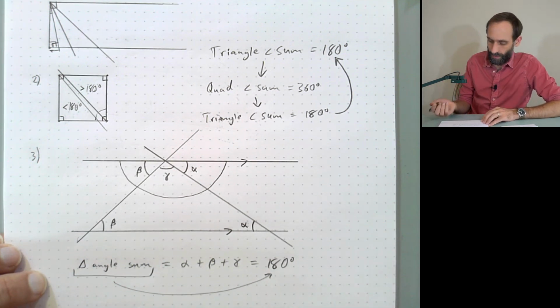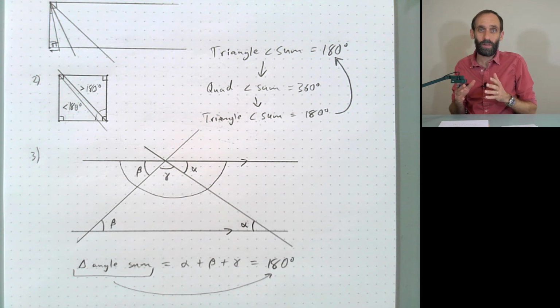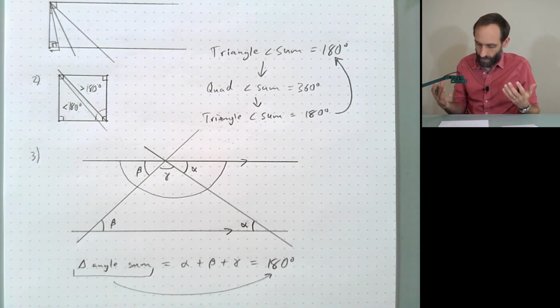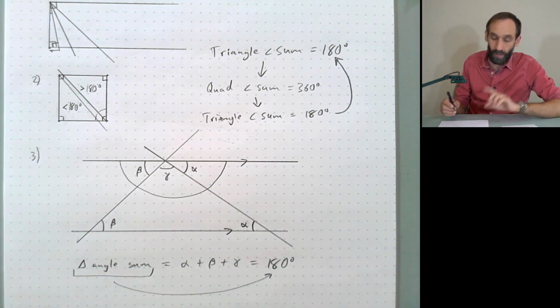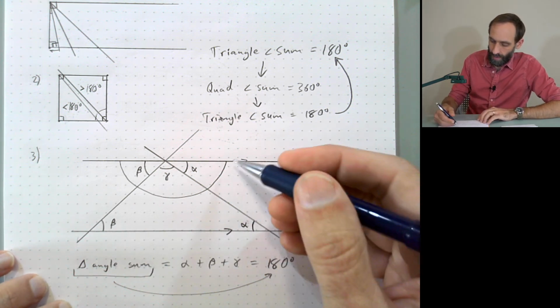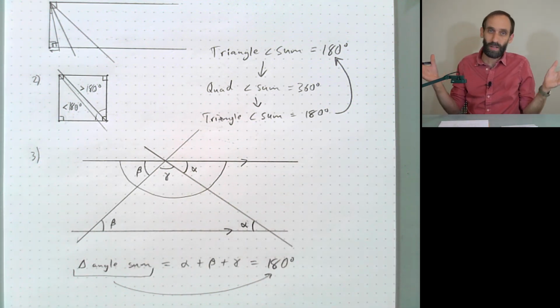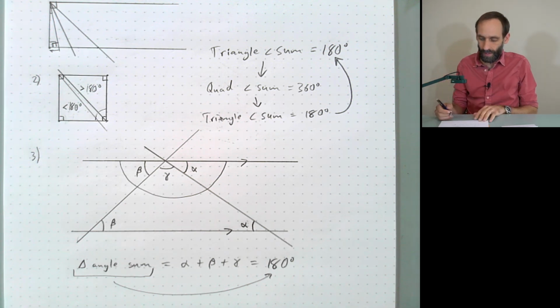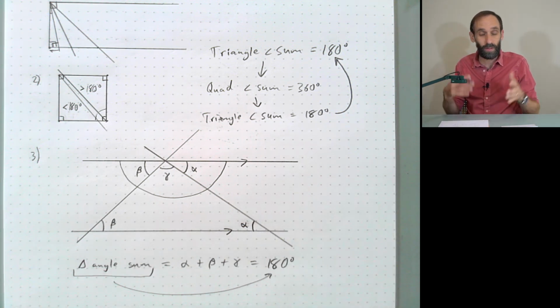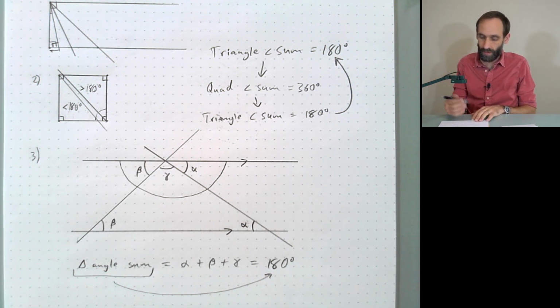Well, this is a very nice argument, but there are still some issues that we can bring to light here. First one is this idea of constructing a parallel line. First of all, how do you know parallel lines exist? Second, how do you know that you can construct them? And the next issue is that, okay, let's say you can construct parallel lines, they exist.